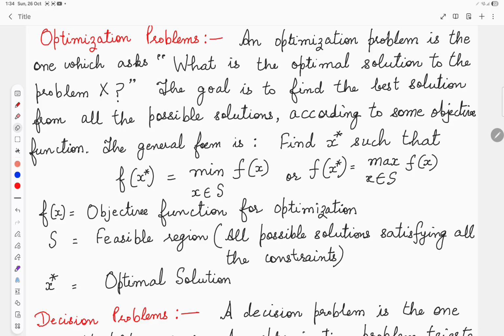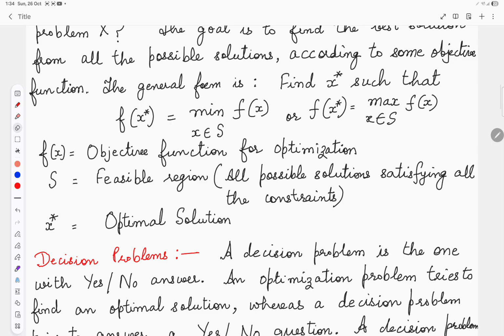That means we have to find a solution for which the function is minimized in terms of maybe energy or any other parameter. So this is basically the objective function. f(x) is the objective function for optimization.